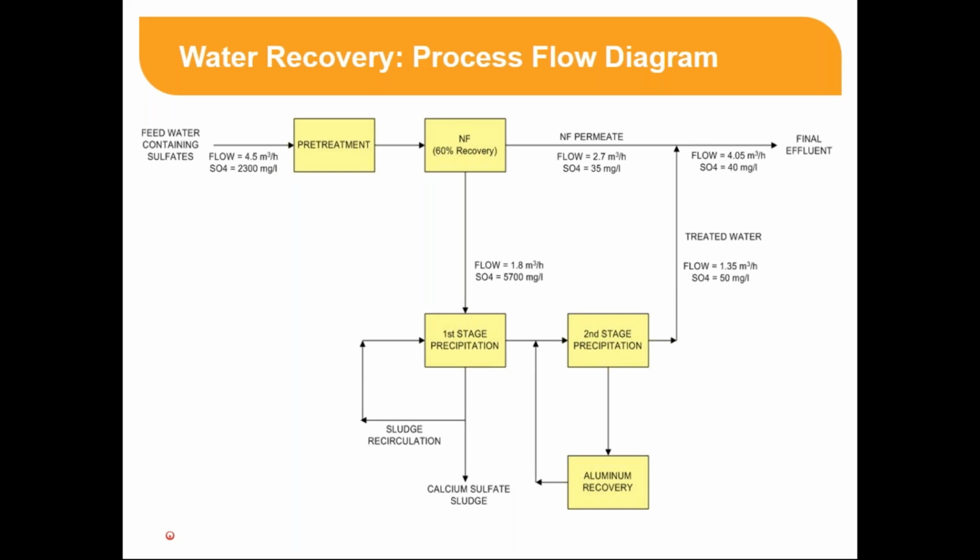After the first stage, we were able to get down to 1200 milligram per liter. After the second stage, we got down to 200 to 100 milligram per liter. The effluent from the second stage plus NF permeate we blended back and discharged, and we were able to produce sulfates less than 40 milligram per liter. The overall water recovery was greater than 90%.